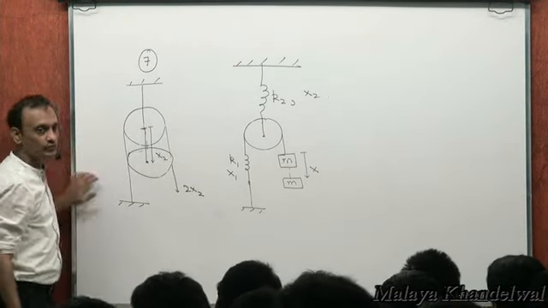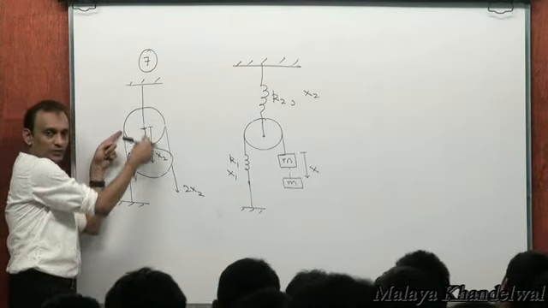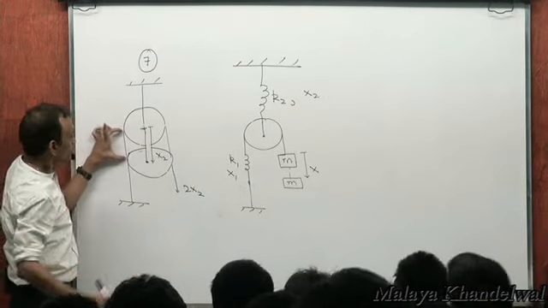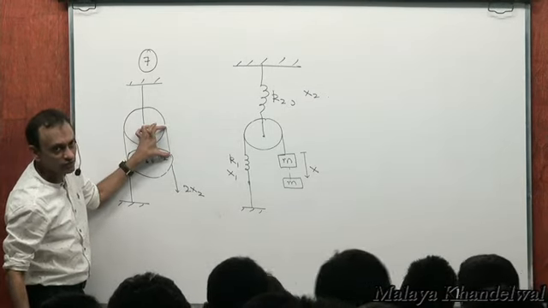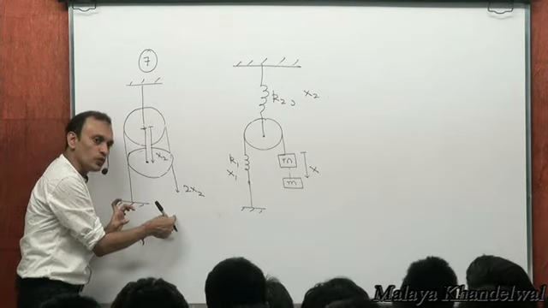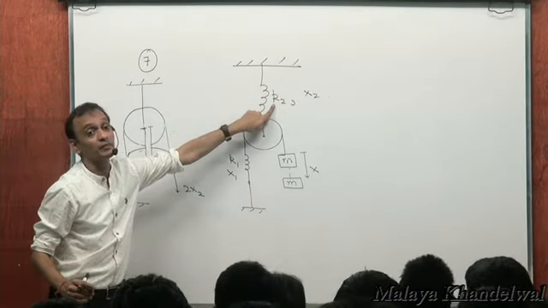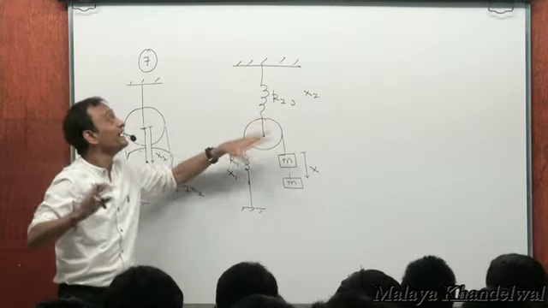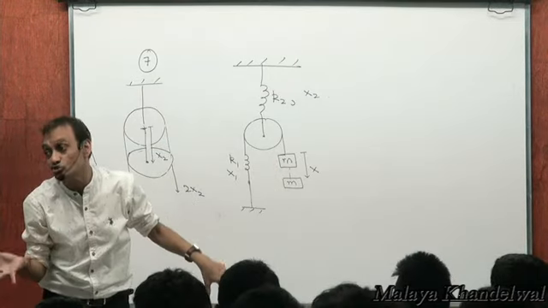Yes or no? If this pulley descends by an amount x2, this would be the free length of the string, x2 units, and it will result in descent of the mass by 2x2. That means elongation of this spring by an amount x2 must have independently caused this mass m to descend by an amount 2x2.